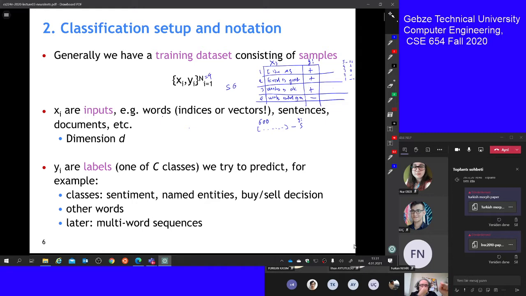Each sentence is xi and each output yi is going to be true or false, positive or negative. Each sentence is a 3-word sentence, so each word has a 200-dimensional vector, and if we put them together it's going to be a 600-dimensional vector for each sentence, and we are going to assign a plus or minus to it. So yi are labels and xi are inputs. We talked about it last time.